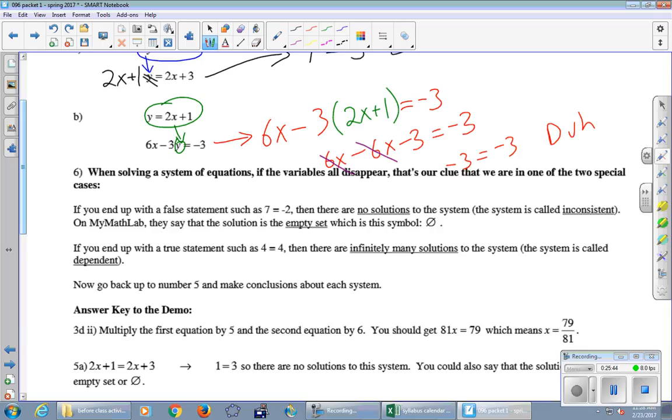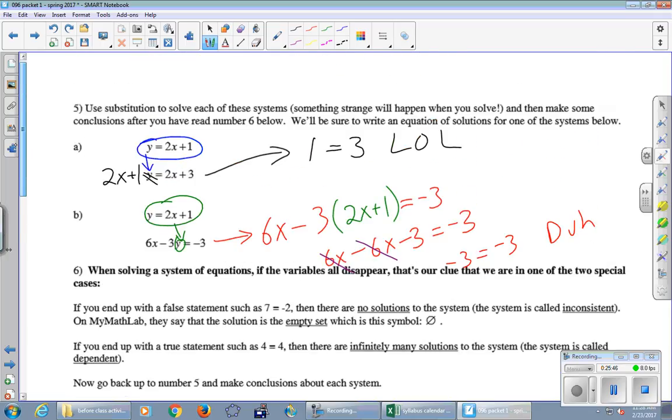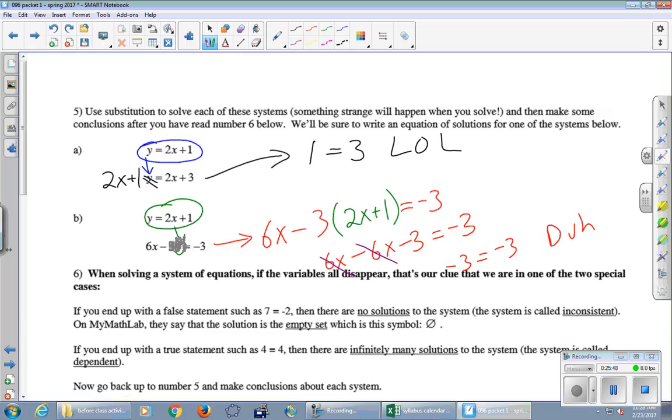Okay, let's go back up and make some conclusions up here. 1 equals 3. The choices are no solutions or infinitely many solutions. No solutions, because we got some ridiculous equation that was obviously not true. 1 equals 3. And part B, -3 equals -3.